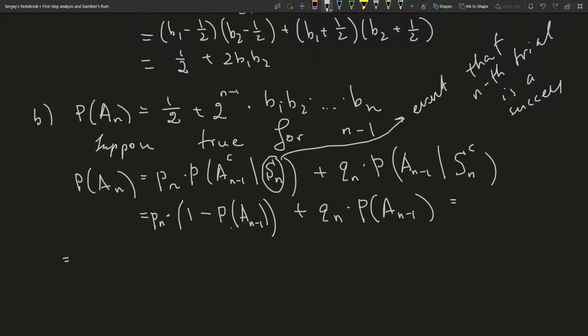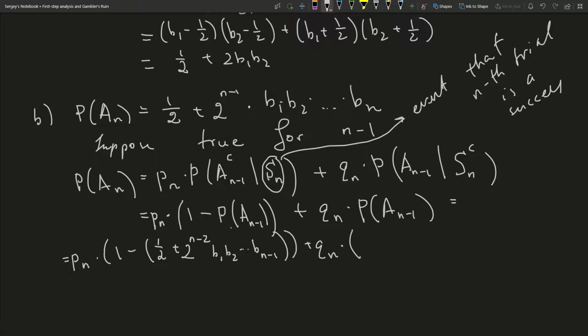So we get p sub n times 1 minus, excuse me, 1 minus 1/2 plus 2 to the n minus second power, b1, b2, all the way to b sub n minus 1, plus q sub n times the probability that out of the first n minus 1 trials we had an even number of successes, and we know what that is.